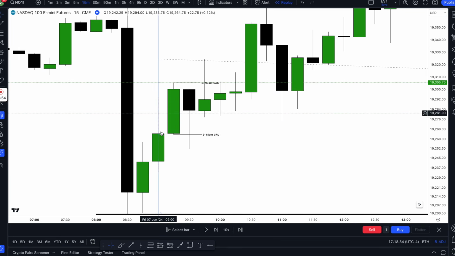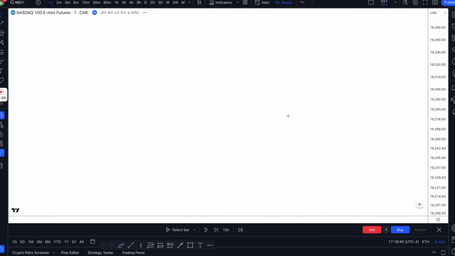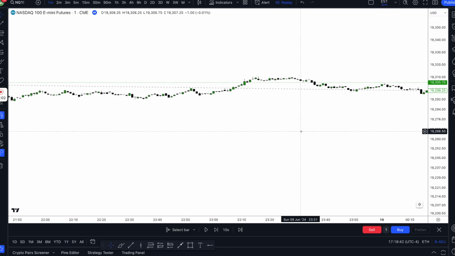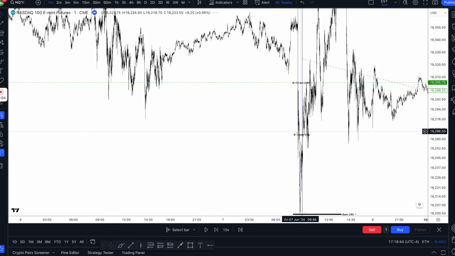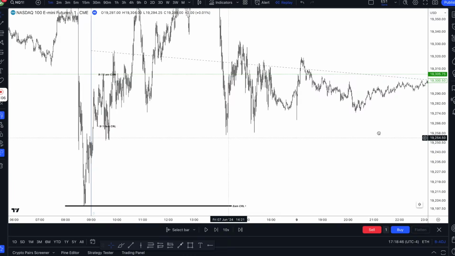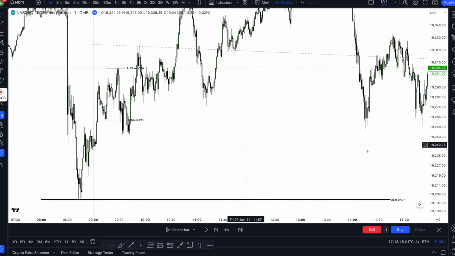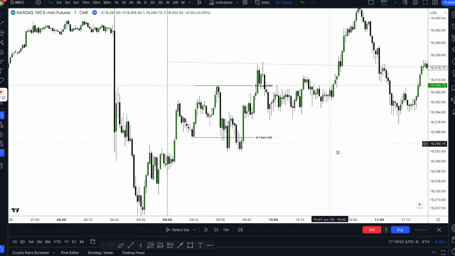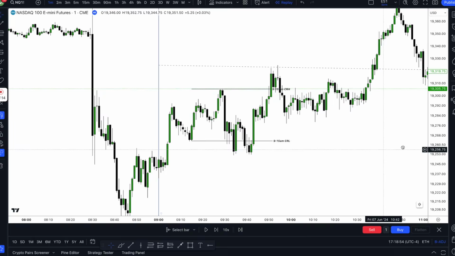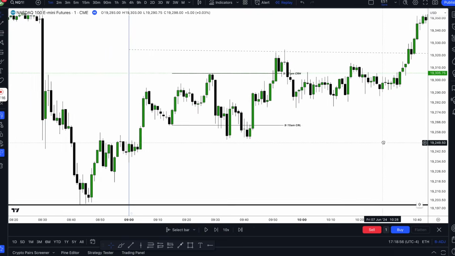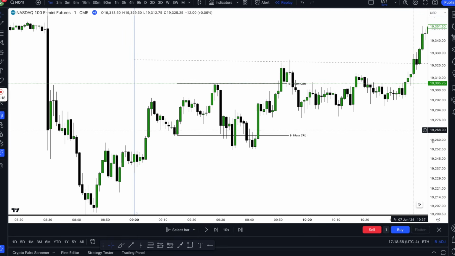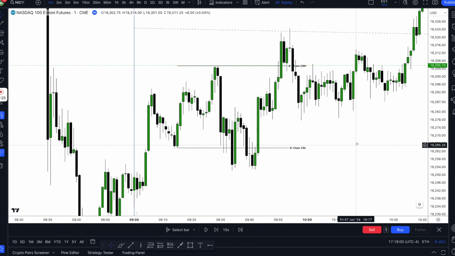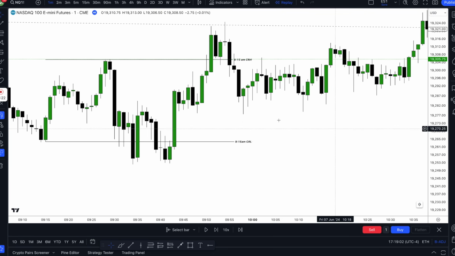You do not use a range that was closed above unless you are looking for an entry. So using the 9:15 candle range high and low. Why? Because we closed above the 9 a.m. candle high. Sorry, the 8:45 a.m. candle high.